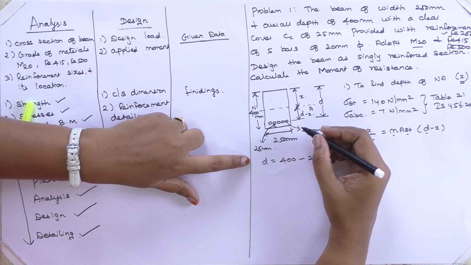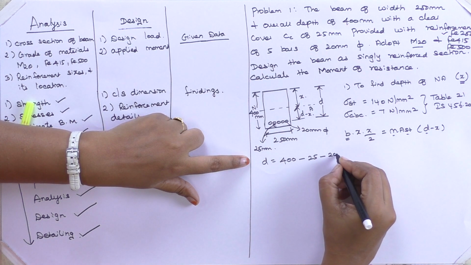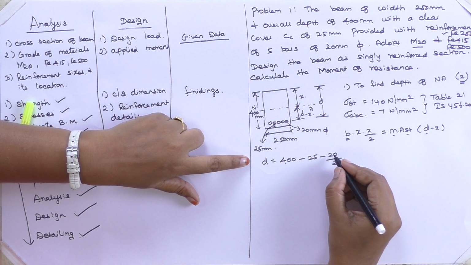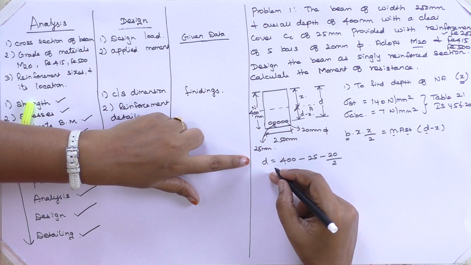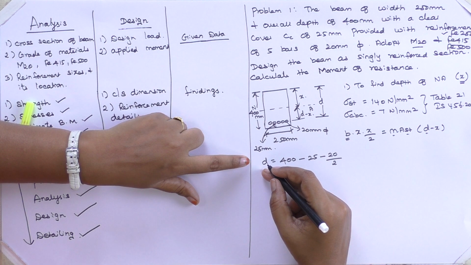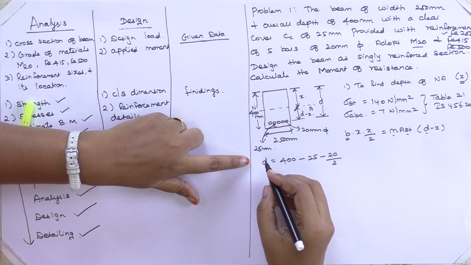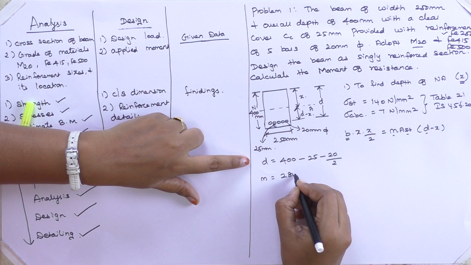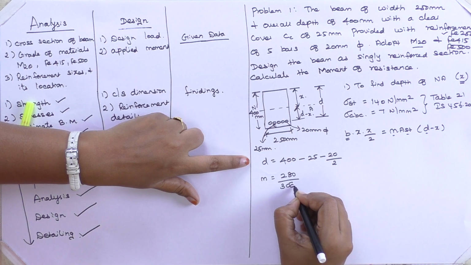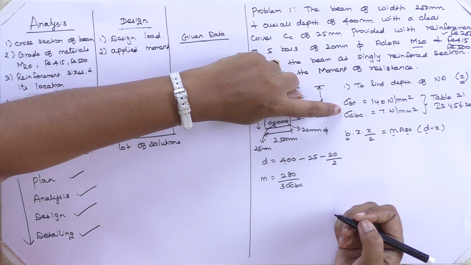In the problem itself it is given as 20 mm, so minus 20 divided by 2, we can calculate half of your steel reinforcement, that is the centroidal level of steel. This is how we can calculate d. Okay. Then how to calculate m? m we can directly calculate as 280 divided by 3 sigma CBC. We can directly calculate the value. You know what the sigma CBC value is.